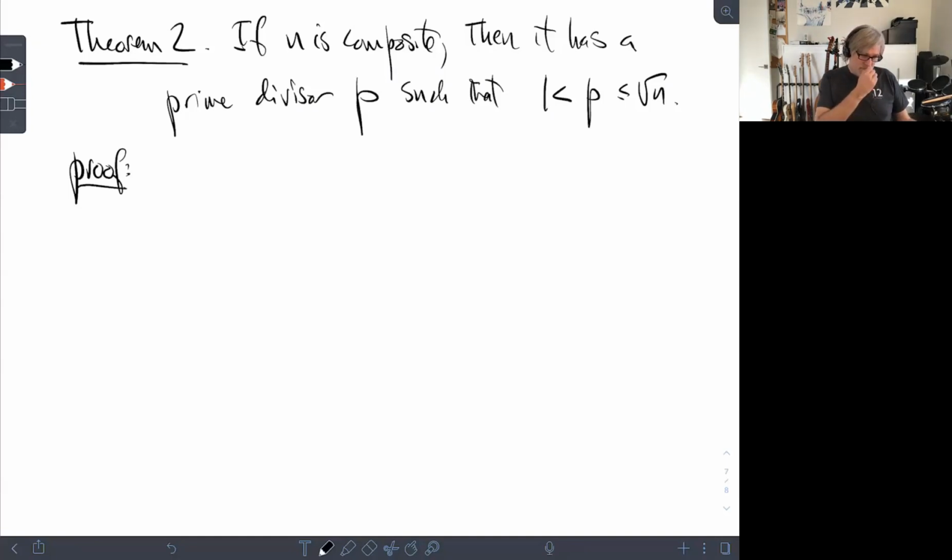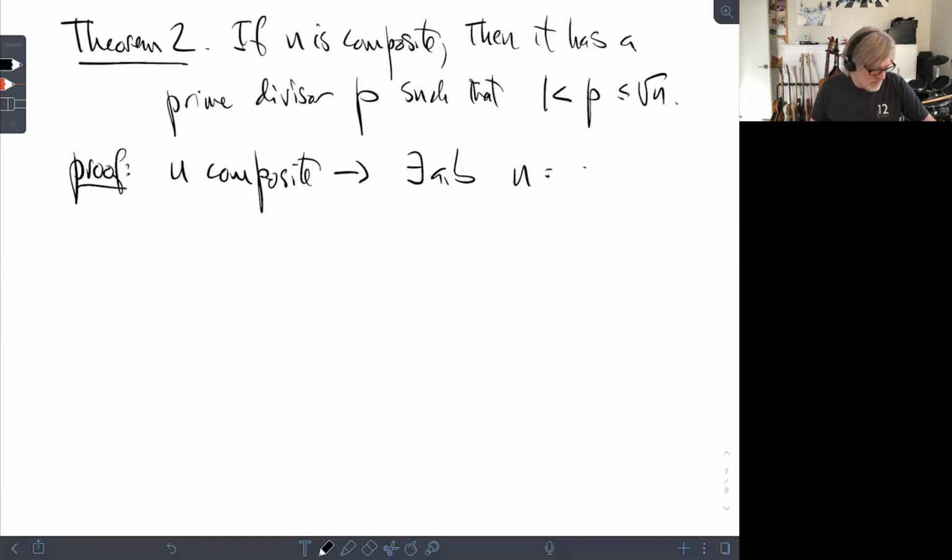Maybe you can sort of see why this is true, but let's just write it out. So n is composite means that we can find a and b such that n equals a times b, and a and b are strictly between 1 and n. That's the comment I made earlier.